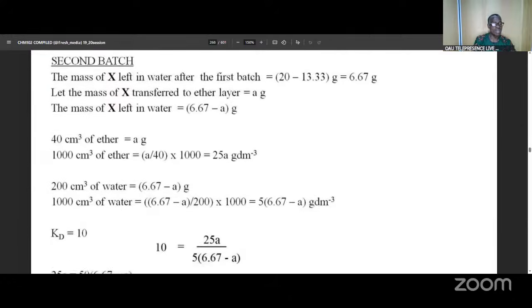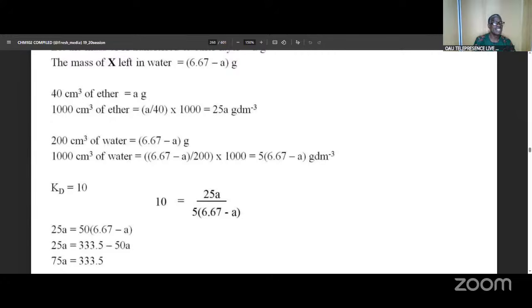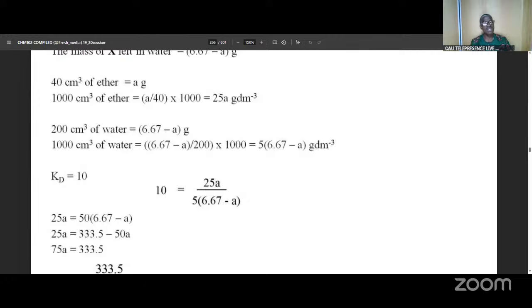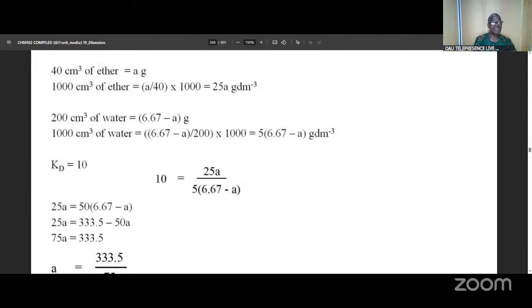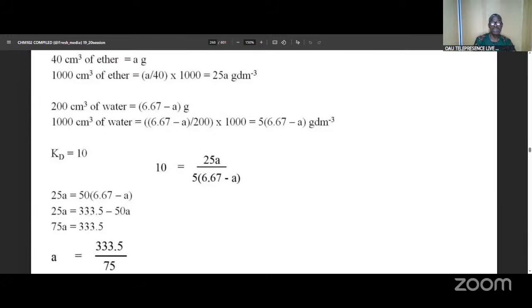And for water, we have 200 centimeter cube of water containing 6.67 minus A grams. Therefore, converting that to 1000 cm cube of water, we will have (6.67 minus A) over 200 times 1000. And that gives 5 into (6.67 minus A) gram per dm cube.